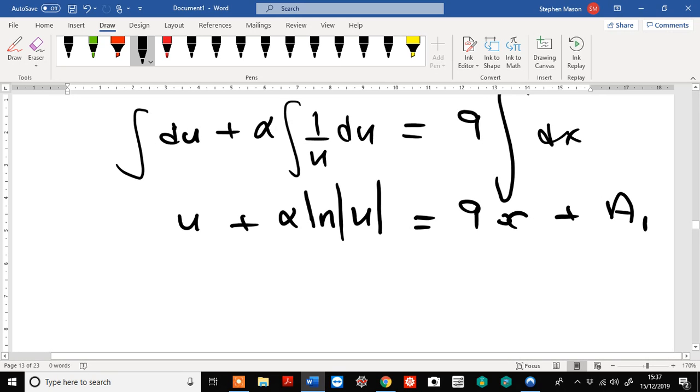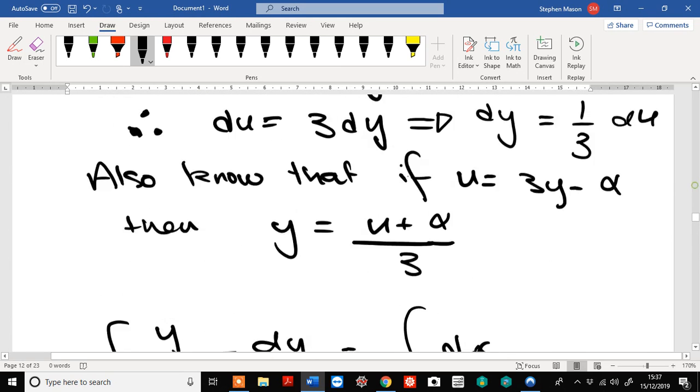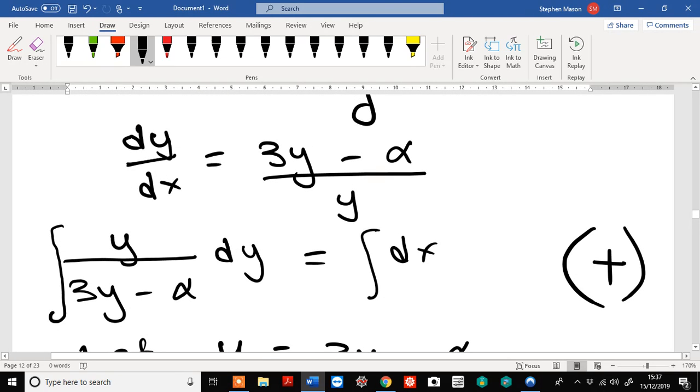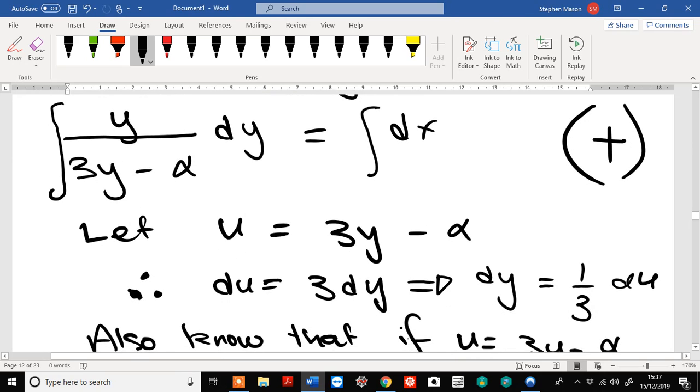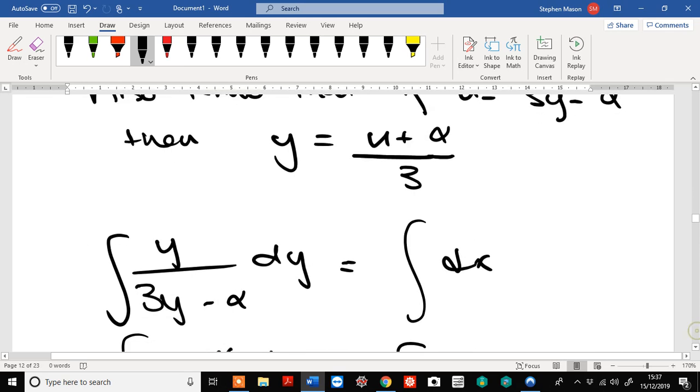Now we have to substitute back in what u actually was. So we know that u is 3y minus alpha. It's this term here in the denominator of equation dagger. So u is equal to 3y minus alpha.